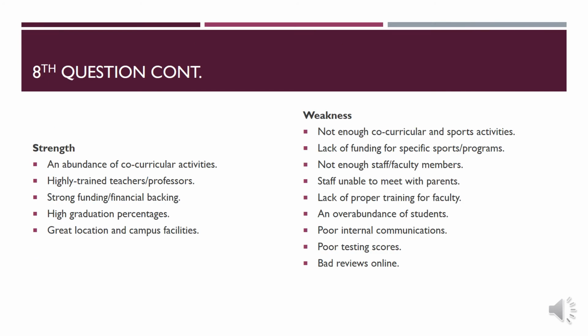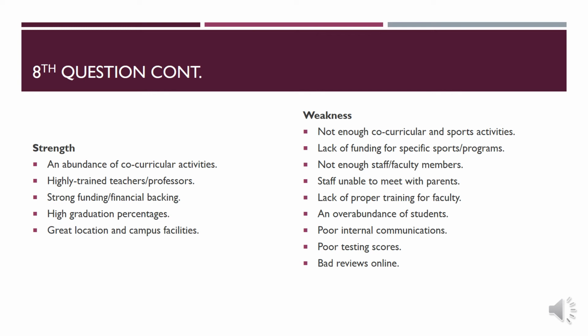Coming to the part of MMH, we can analyze strengths: co-curricular activities, highly trained teachers and professors, strong funding and financial backing, high graduation percentages, great location and campus facilities.